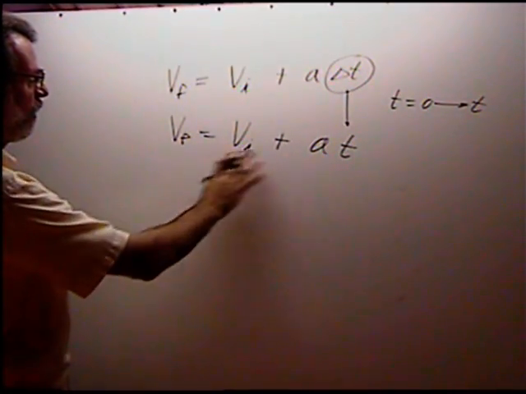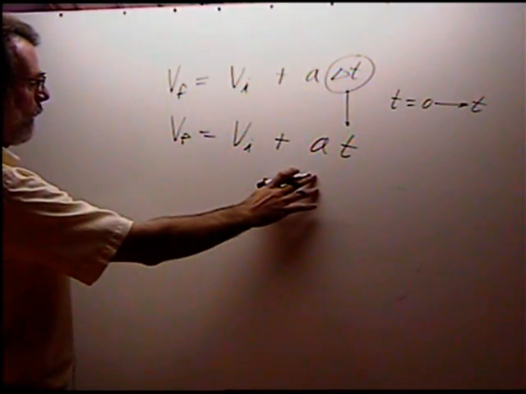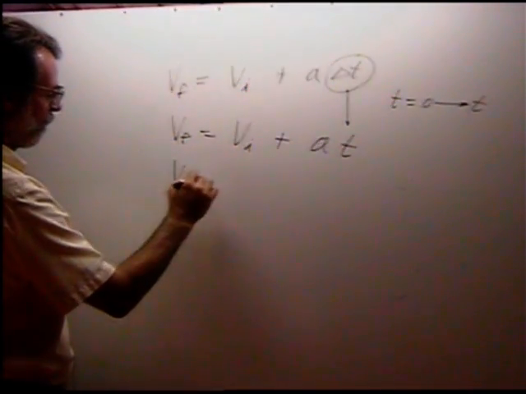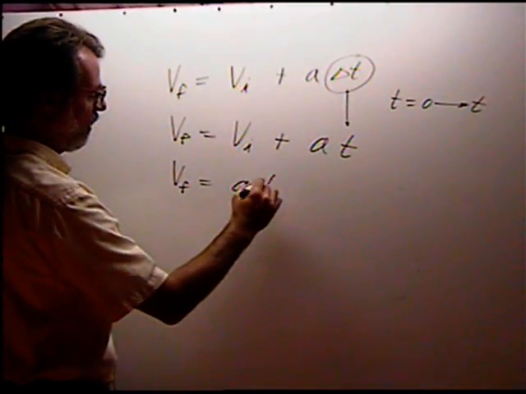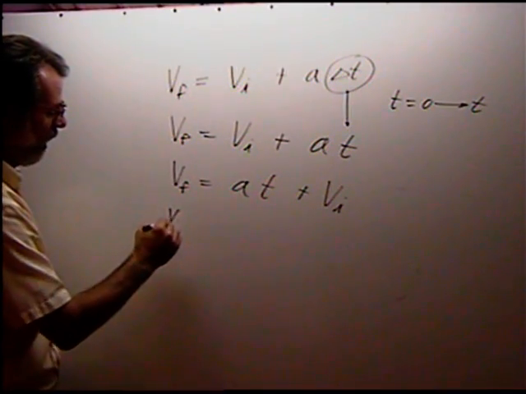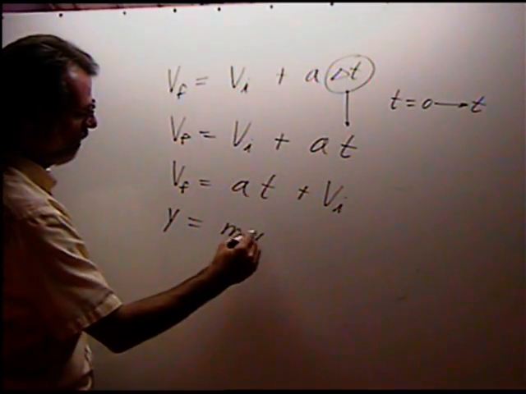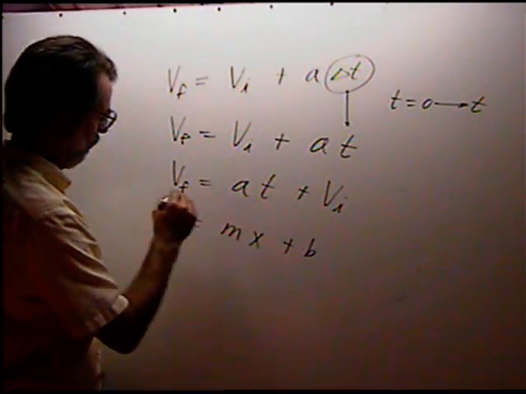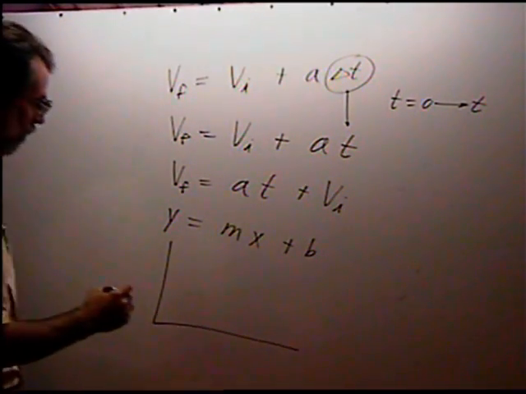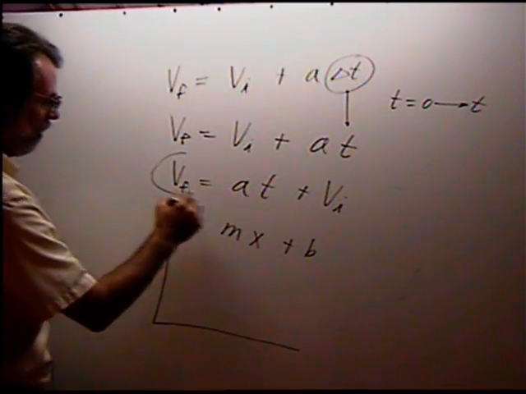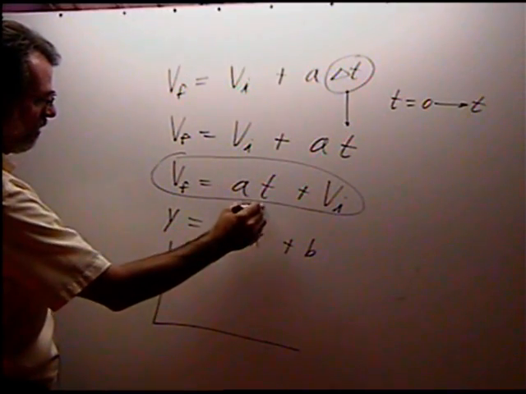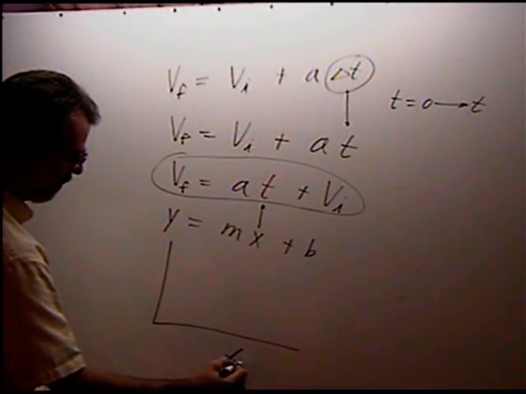If you look at this, what actually do we have? If we flip this around just a little bit more, at plus vi. Think of this in terms of y equals mx plus b, okay? Where the t is like the x-axis, time is down here.